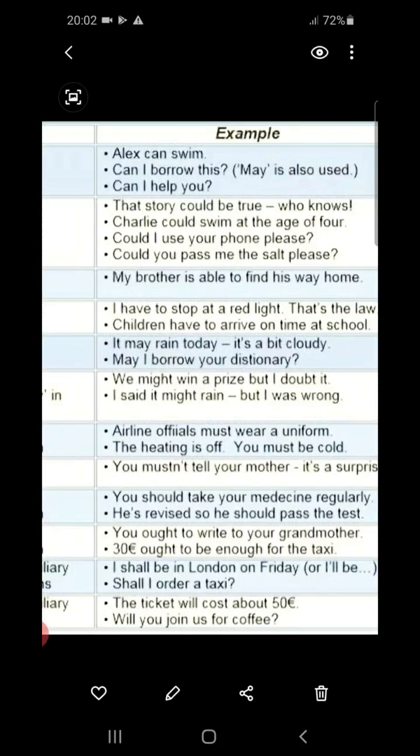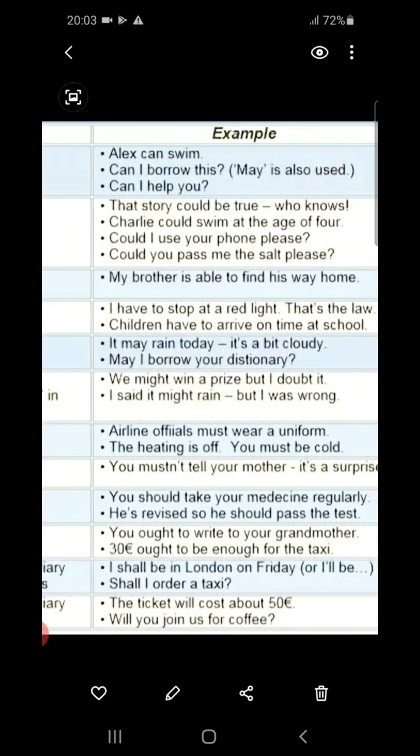So it's the ability, or it's my brother's ability, that my brother is able to find his way home.